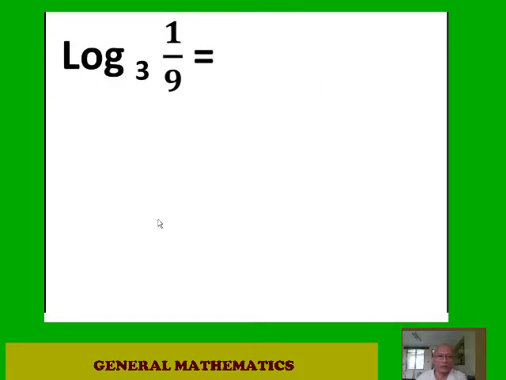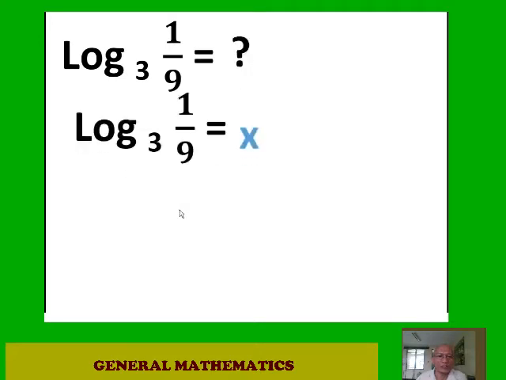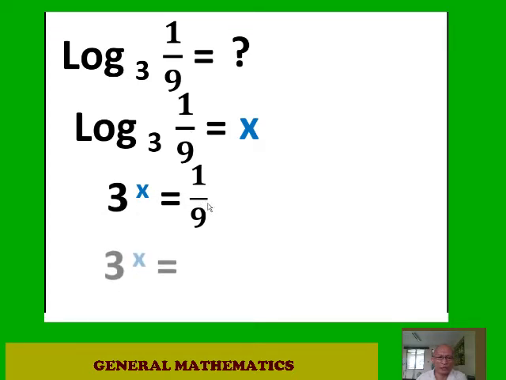Okay, another example. What is the value of log of 1/9 base 3? Let us assign x as the value of this logarithm and change this into exponential form. So 3 to the power x equals 1/9. We will change 1/9 to exponential form with base 3. So 1/9 is 9 to the power of negative 1.